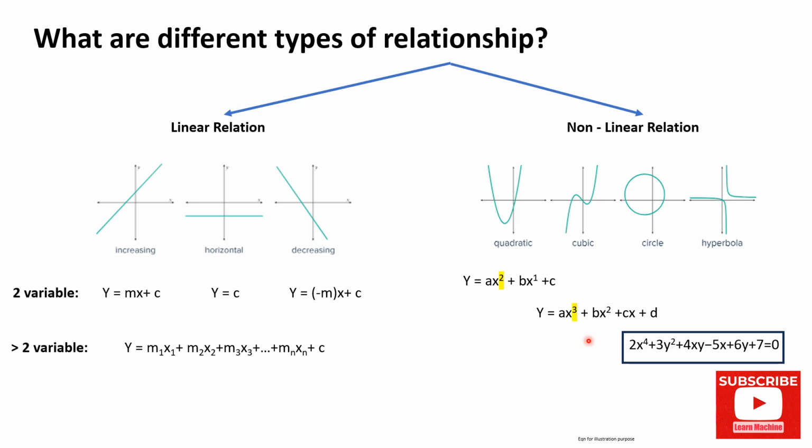Now you might be getting confused about what these b, c, d and m1, m2, m3, m are. These things are called coefficients of the independent variable. These coefficients are actually that quantification term which we talked about earlier in the relationship.